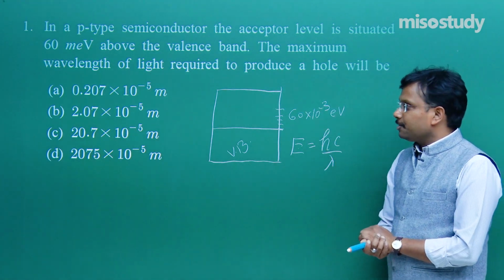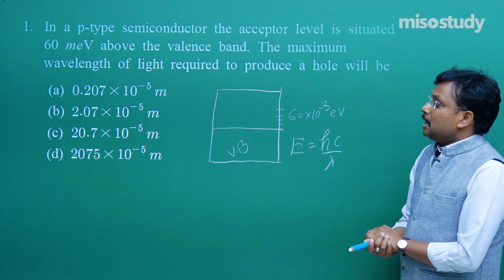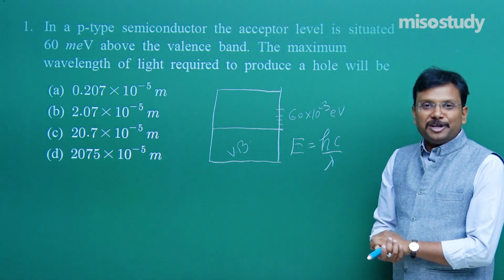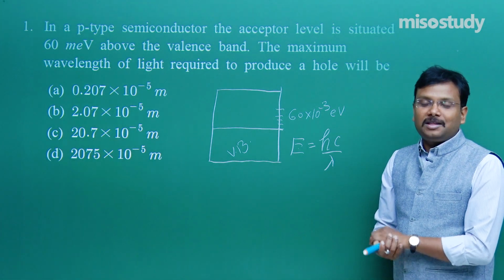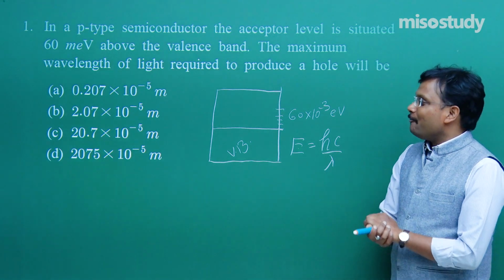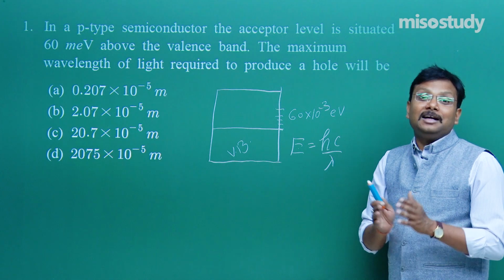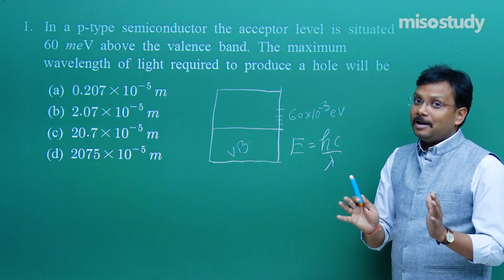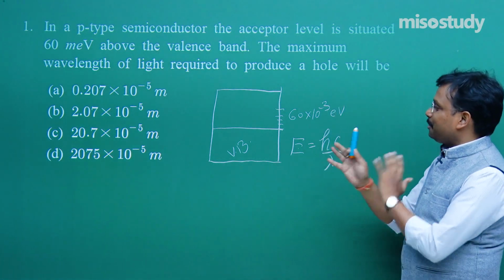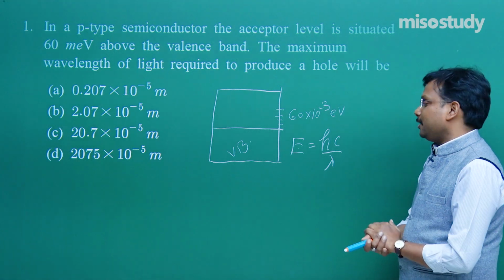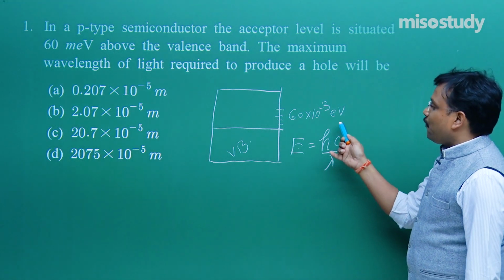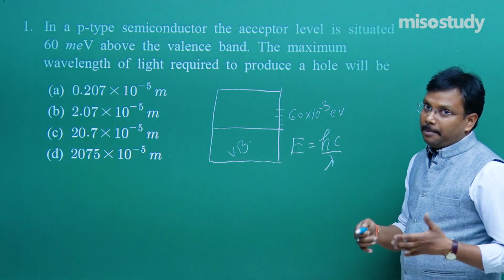These types of questions are asked just to kill your precious time, or they want to check how comfortable you are in calculation so that you can manage the time in the examination hall. My simple suggestion for this particular question is, listen carefully, some fast calculations that you have to practice.